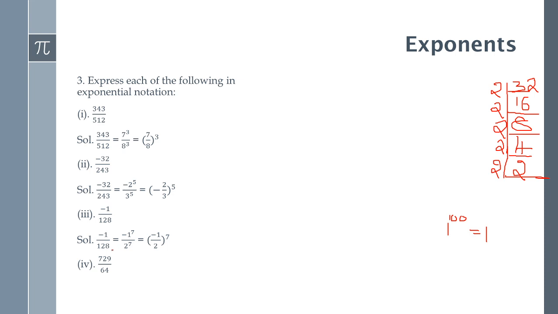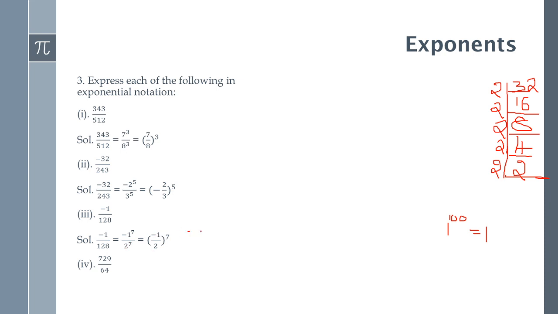Now 128 is nothing but 2 to the power of 7. We have 7 here. That's the reason minus 1 to the power of 7 is taken, because it should be in the form of a to the power of m by b to the power of m, which is nothing but a by b.